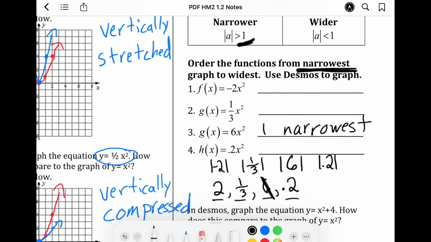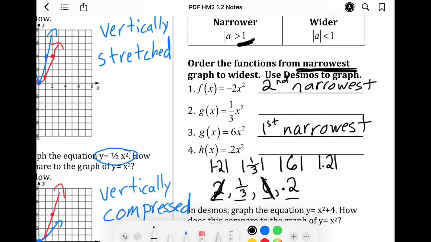Now what's the next biggest number? We can mark this out now that we've already used it. So number 2. So whichever one had 2 as the a, which is this one up here, is going to be first narrowest, second narrowest, so on and so forth.